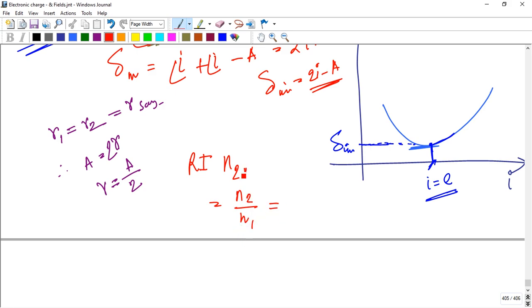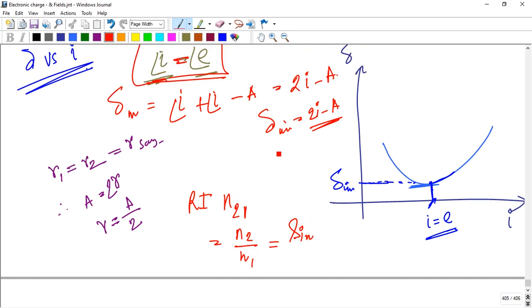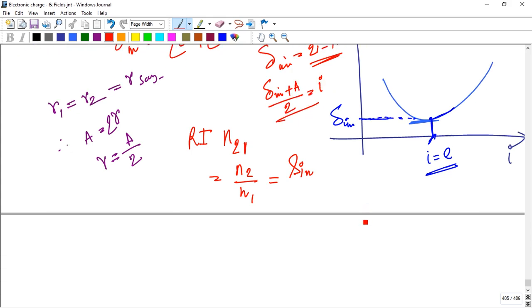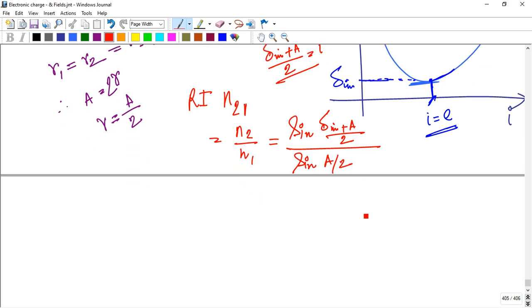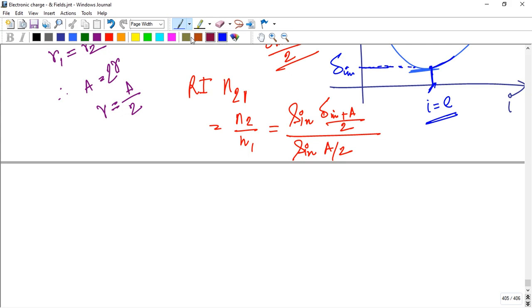From Snell's law, that is sin I by sin R. I is delta minimum plus A by 2, so we write sin of (delta minimum plus A by 2) by sin R, where R is A by 2.